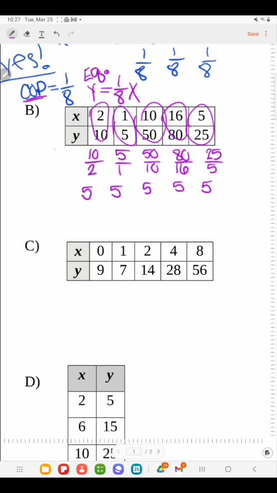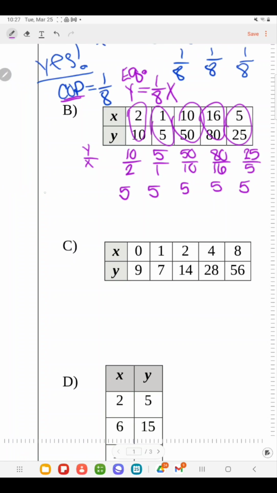So every single time I set up the y divided by the x, I got 5. So I know that, yes, it has a proportional relationship. The COP is 5. It's that number from y over x. And lastly, my equation is y equals 5x.